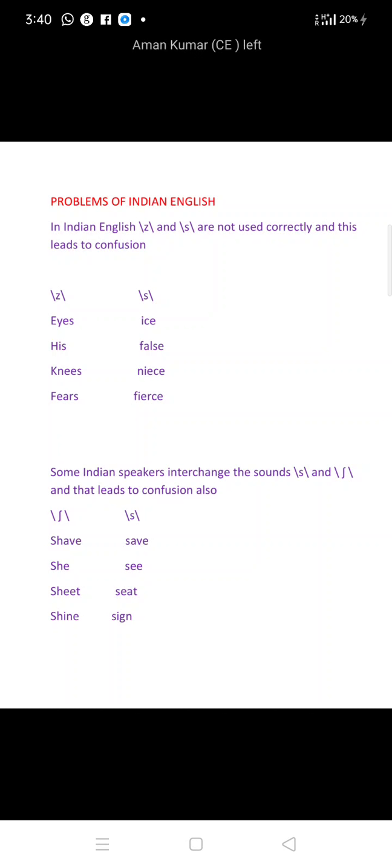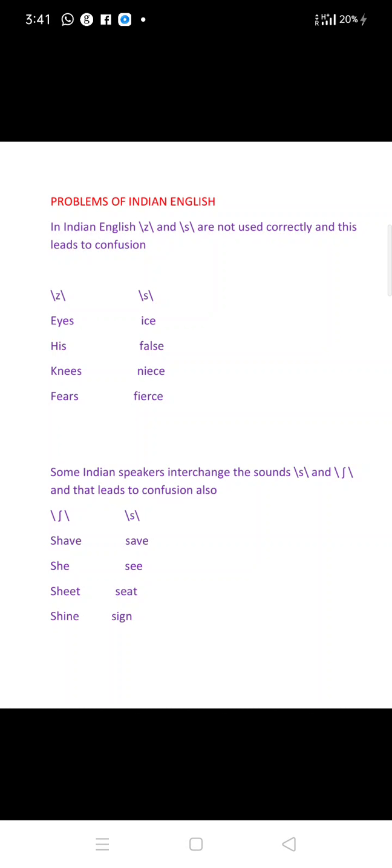The first sound is used in words like shave, she, shit, shine. The second sound is s, not sh, like save, see, sit, sign.